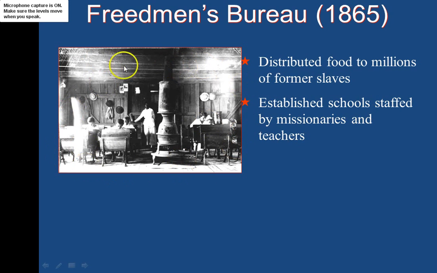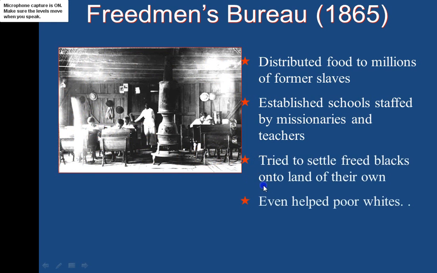And one of the things that's kind of interesting, if you look real close, is you see white kids in it. So this is one of the things that's kind of interesting, that even though you would think this is basically something to help out freed blacks, it even does its part to help out poor whites.